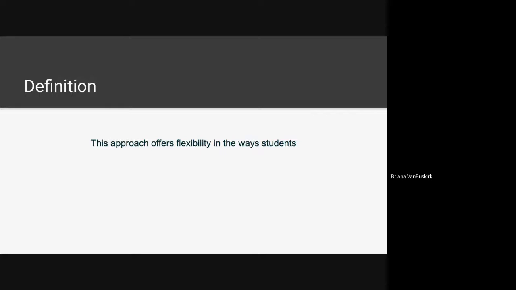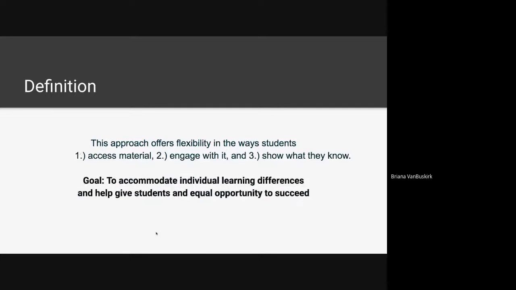UDL is a way of thinking, a way of teaching that offers flexibility in the way that students access material, engage with it, and show what they know. And the goal, again, is to accommodate individual learning differences and to give students the equal opportunity to succeed.